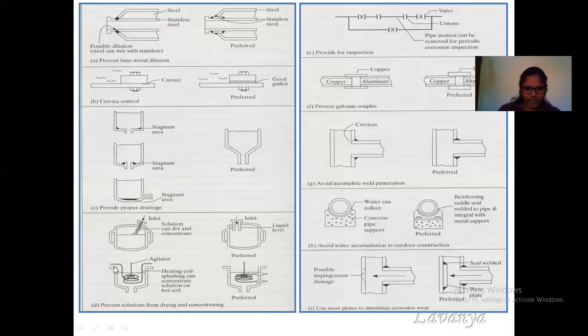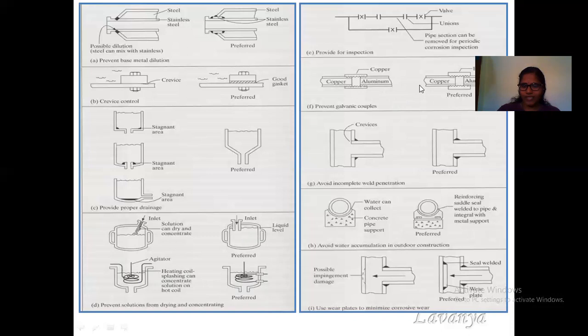And instead of keeping the agitator in this direction, we can use a heating coil in this way and the agitator in this direction, so that the liquid can be properly heated up, and we can prevent the corrosion of that particular metal also.